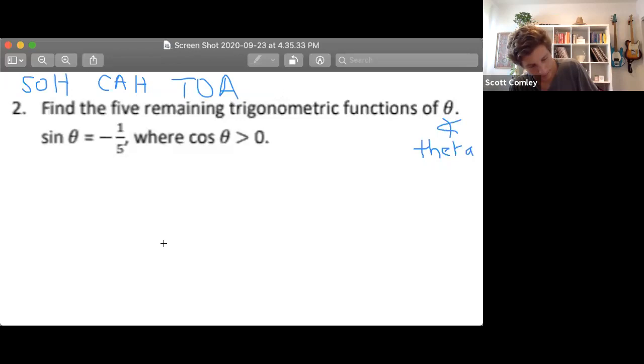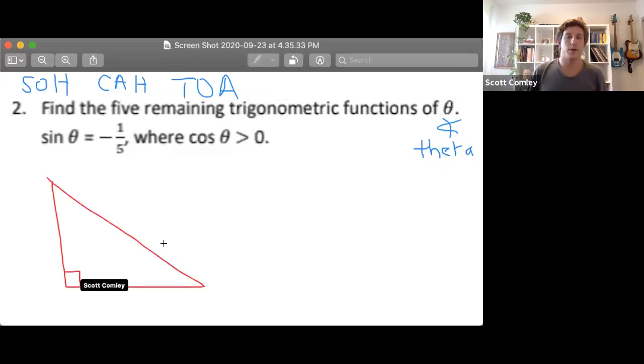If we're talking about a right triangle, and we're always talking about right triangles, unless you get to a section called the law of sines and cosines. It doesn't have to be a right triangle there, but this stuff does. So let's say that one random angle here is theta.